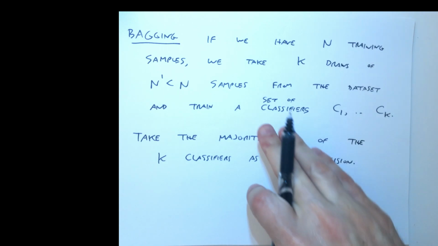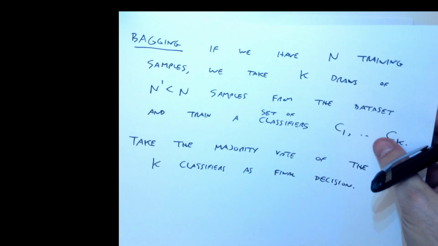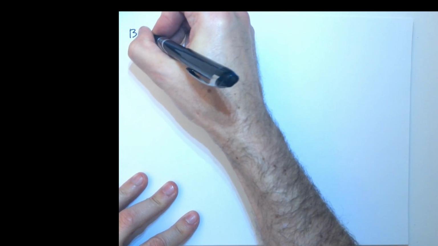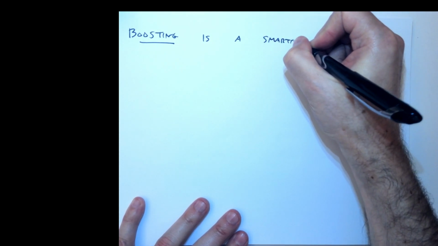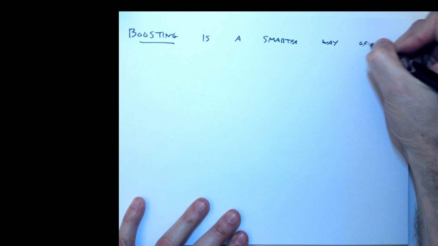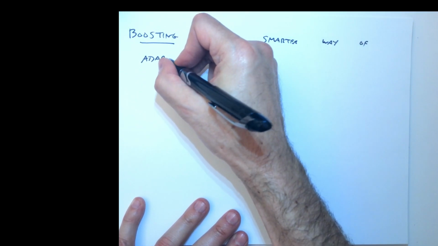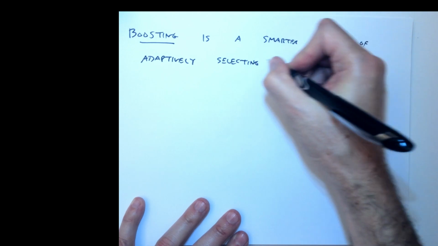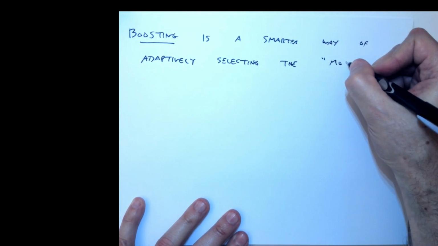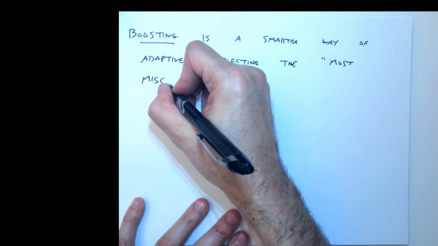Okay, so bagging has been around for a long time. Boosting is a smarter idea, which is saying that instead of taking just random sample sets, I prioritize my sampling to deal with the cases that seem to be most complicated, right? So boosting is a smarter way of adaptively sampling, or adaptively selecting, the most misclassified points at every stage.